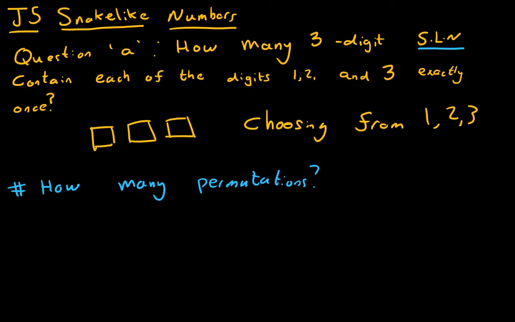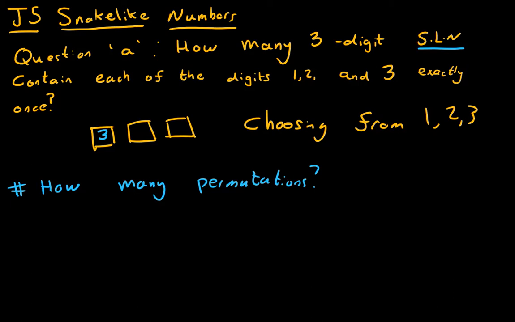Well, we can choose in three ways: 1, 2, 3. 3 ways of placing the 3. So let's put the 3 there, for example. Now we have 2 ways of choosing the 2. So how many permutations?